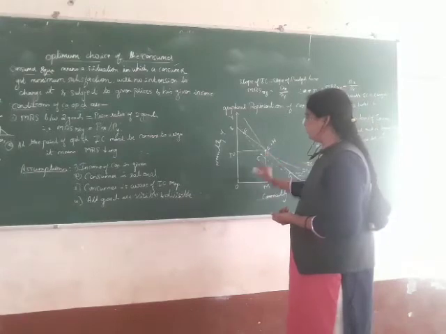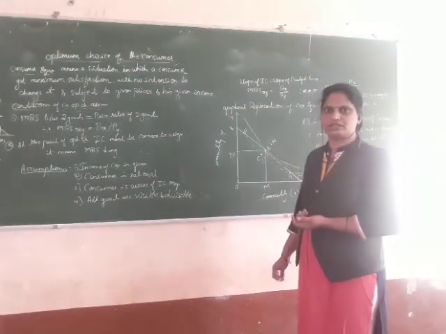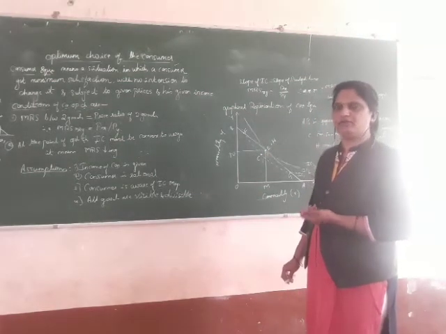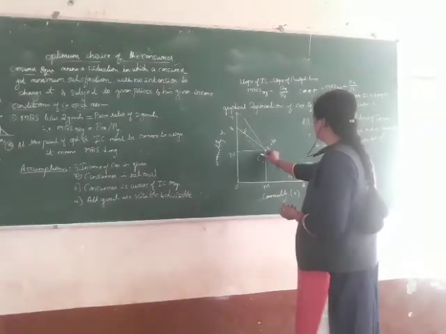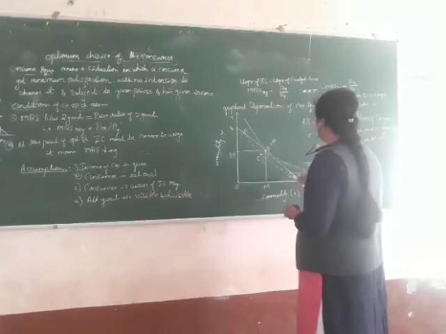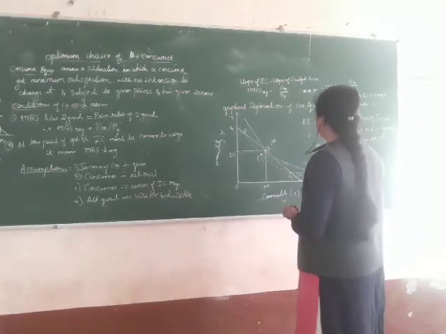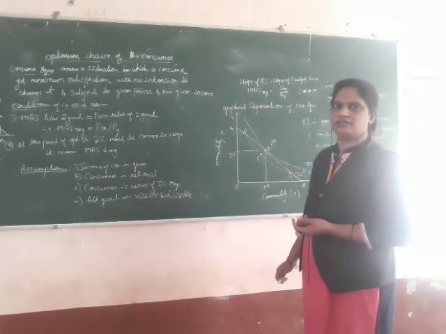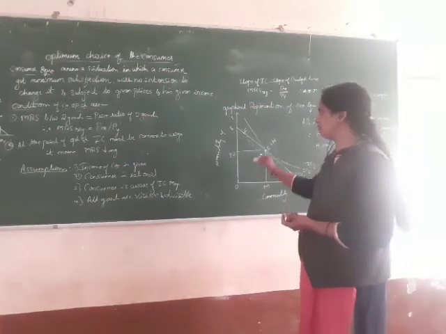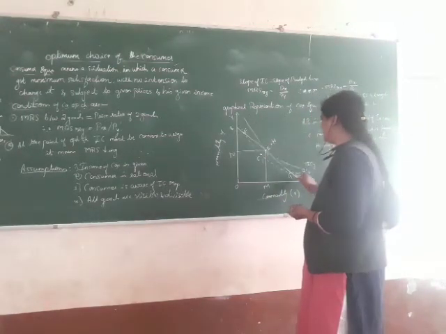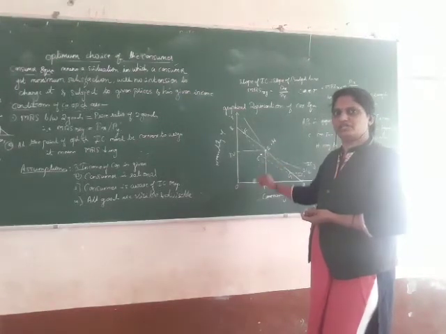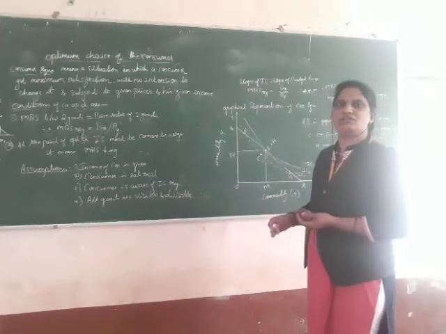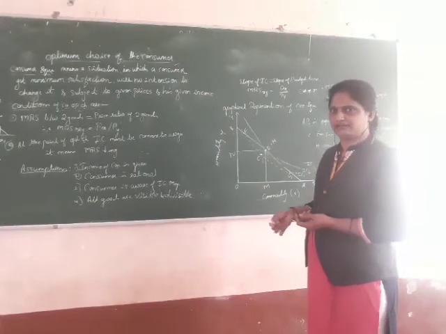So here, is point C the optimal choice of the consumer? No. Why is it not the optimal choice? At this point C, the consumer's income is not fully used. Why is it not fully used? The budget line is AB, and point C lies below the budget line, which means income is not fully utilized.